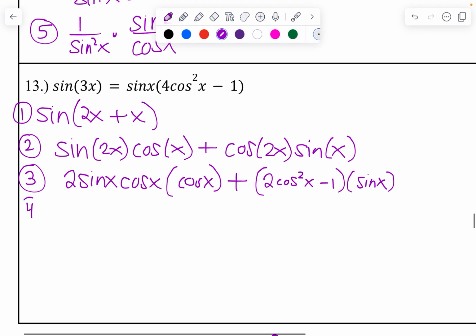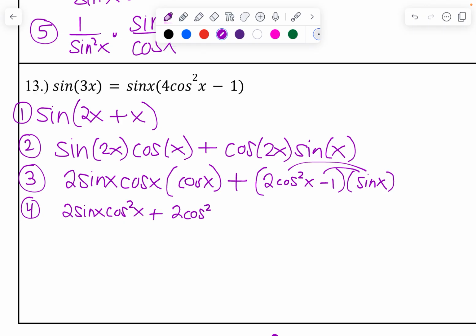Okay, so if we simplify, we've got 2 times the sine of x times the cosine squared of x. And here I've got to distribute the sine to both. Let me write it in the same order I have the other one. So let's write it 2 times the sine of x times cosine squared of x minus the sine of x. So these are like terms. These are both sine of x cosine squared. So I can go ahead and add them together. 2 of them plus 2 more gives me 4 of them.